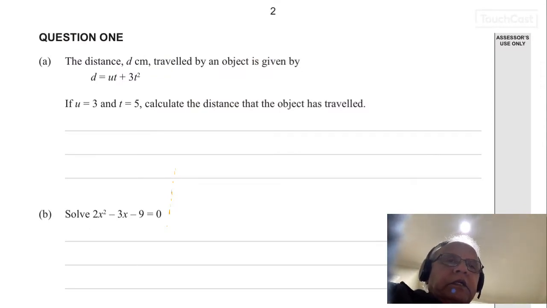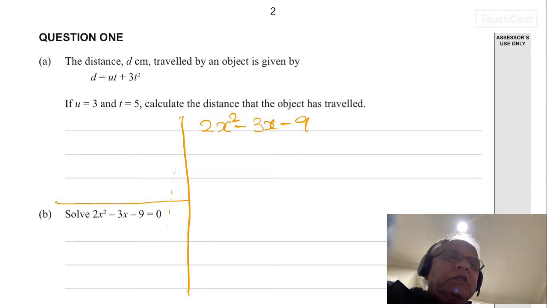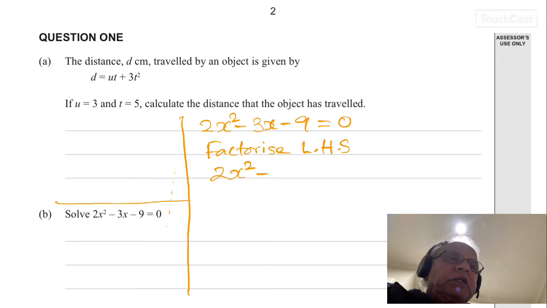Now I am going to use this space on the right for solving the equation, solving 2x squared minus 3x minus 9 equals 0. So first of all, I'm going to factorize. This is how I am going to write the left hand side, which is 2x squared minus 3x minus 9.